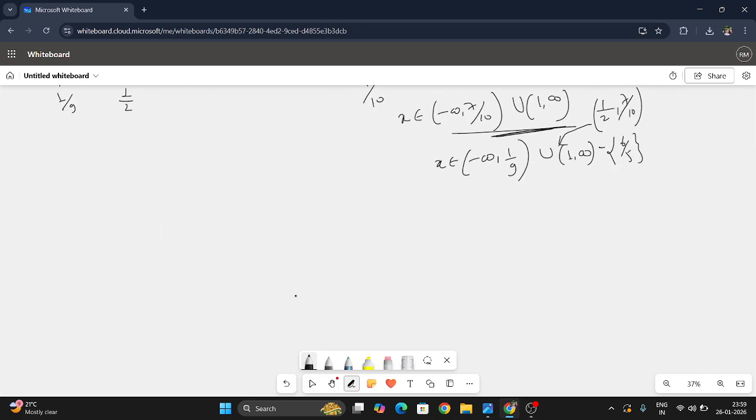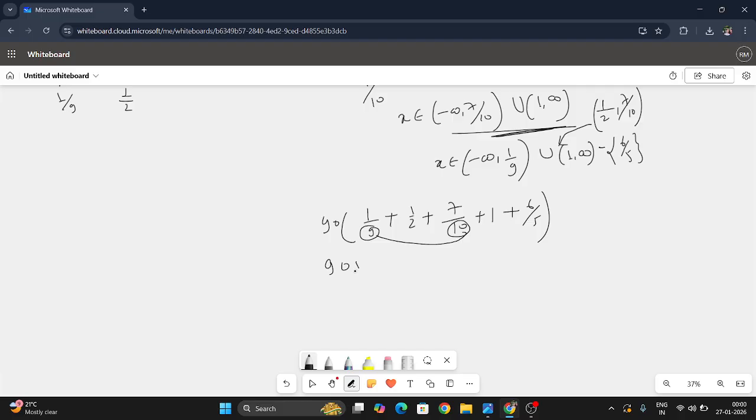So let's start it. Multiply by 90. A is 1 by 9, B is 1 by 2, C is 7 by 10, D is 1, and E is 6 by 5. Now if you solve it, you will get what? 10 and 9, the LCM is 90.